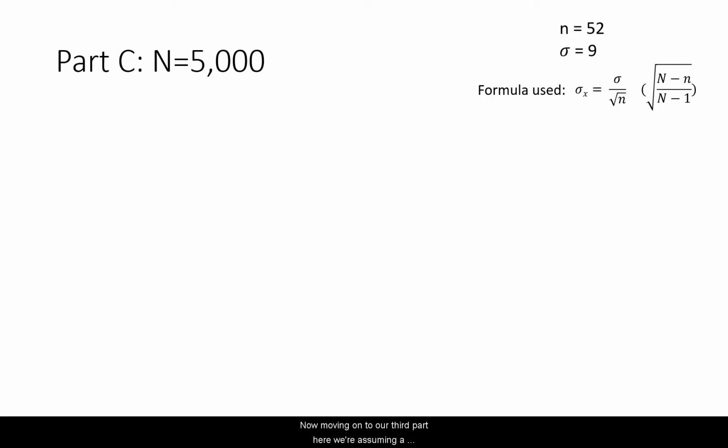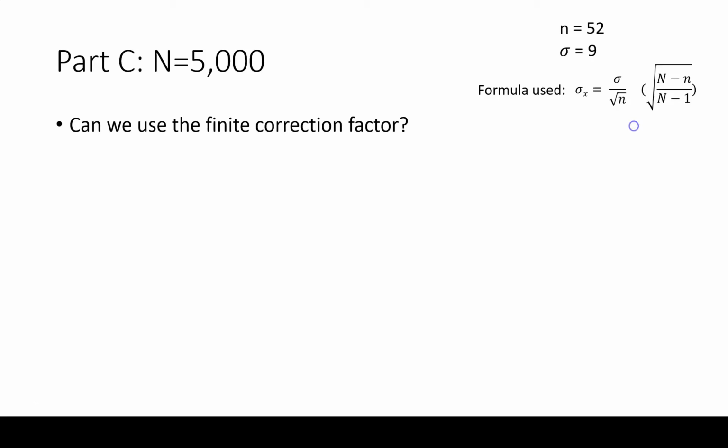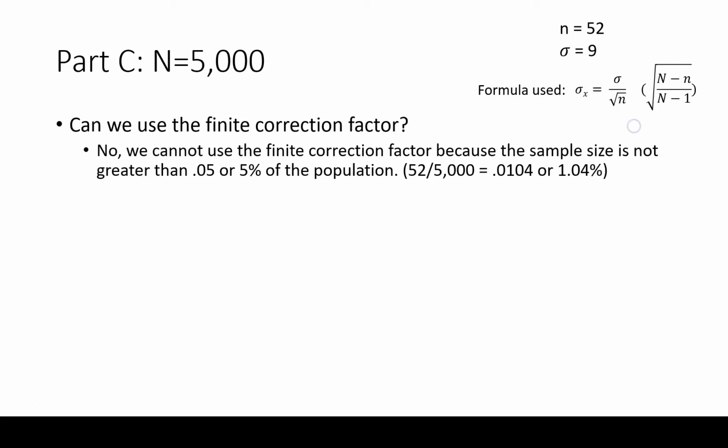Now moving on to our third part here, we're assuming a population size of 5,000. Once again, before we go any further, are we allowed to use the finite correction factor? Well, once again, we're not allowed to use the finite correction factor because the sample size is still not greater than 5% of our population. We can check that by taking 52 divided by 5,000, which gives us 0.0104, or roughly 1.04%.